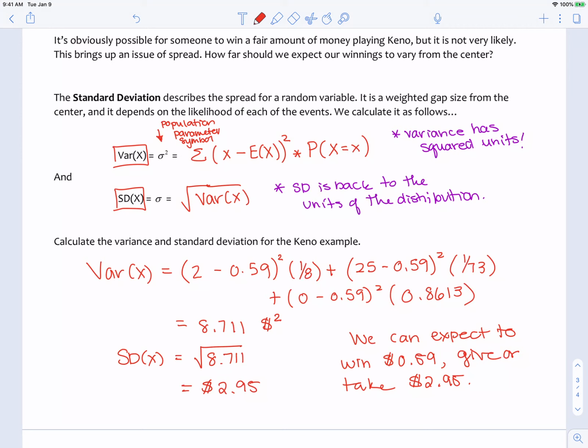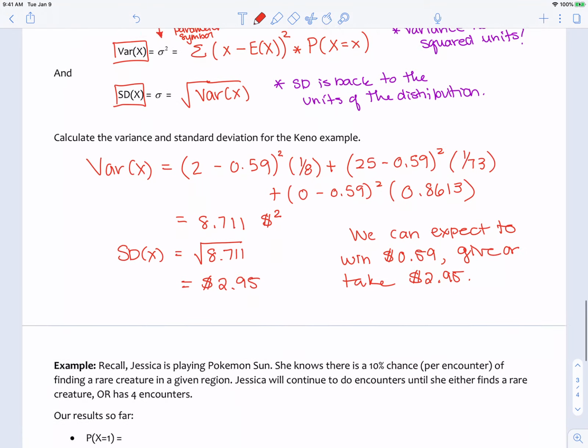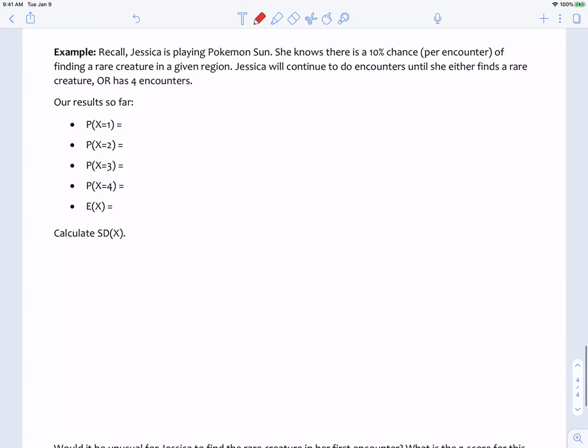Okay, so that's the idea with the standard deviation, to give that wiggle room, just like we were doing in the regular calculations of standard deviation with sample data. All right, so let's take a look again at Jessica. She's playing Pokemon Sun. We have already created the probability distribution for the number of encounters that she has.